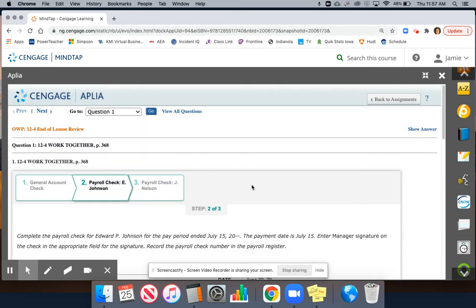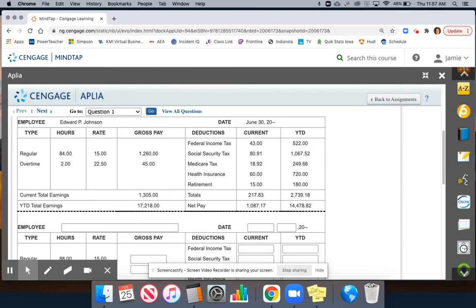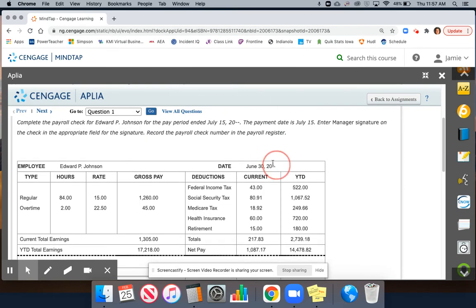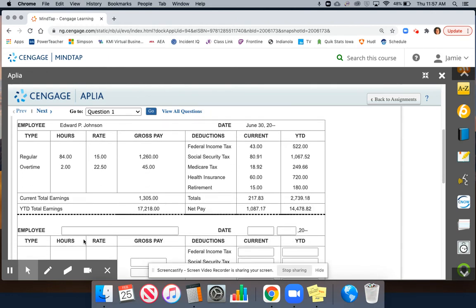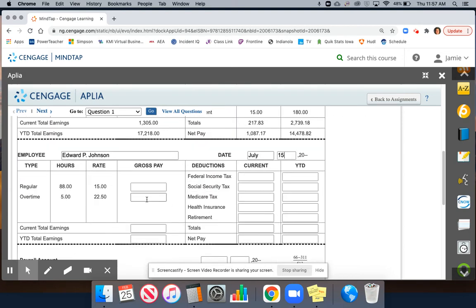Our next step, we need to actually write a payroll check for Edward Johnson. So you can see that we have Edward Johnson's June 30th check stub here, and we're writing a check for July 15th. So down here, we have our employee, Edward Johnson. The date is July 15th. And we need to determine the gross pay.